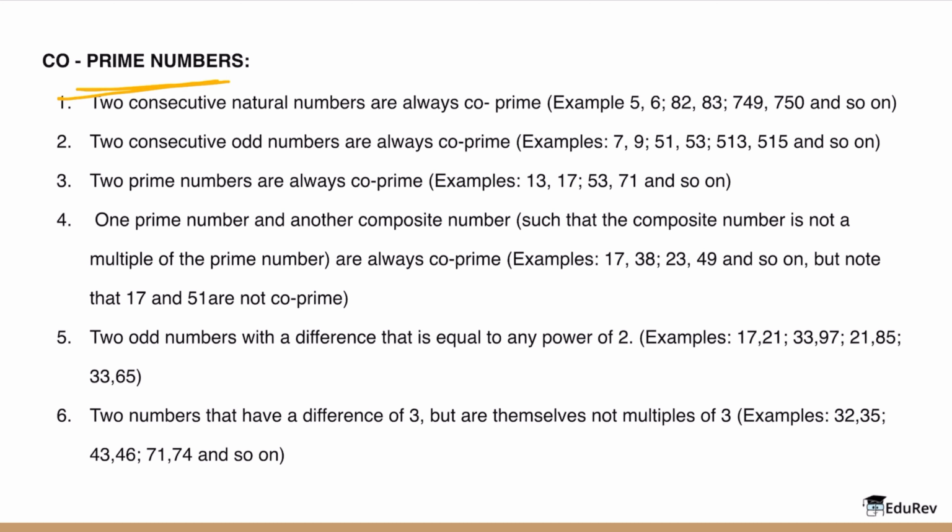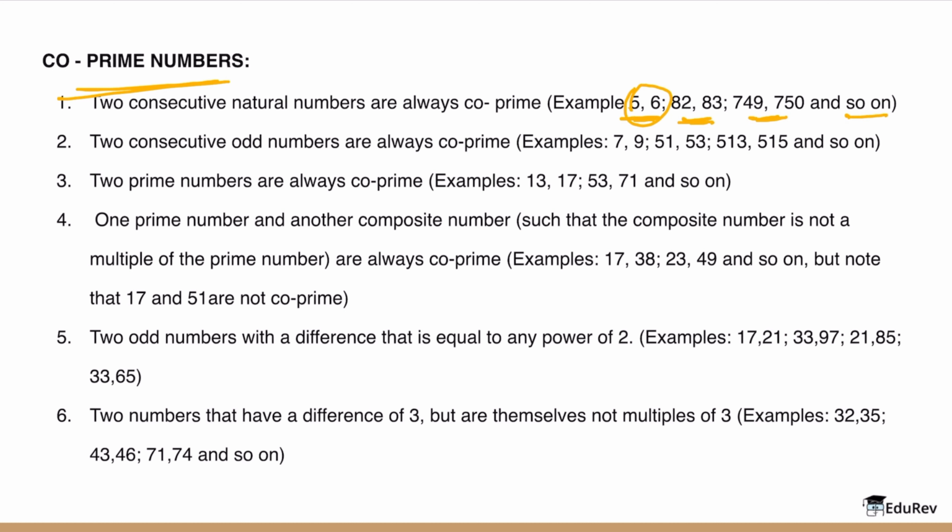So what are co-prime numbers and what are some of the properties of co-prime numbers that we are going to do now? It's very, very simple. Two consecutive natural numbers are always co-prime numbers. Example: 5 and 6, 82 and 83, and so on. Why?